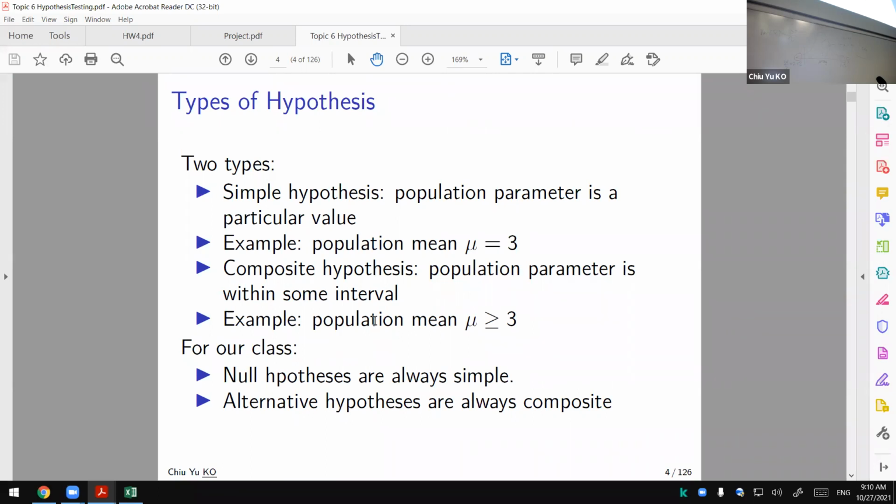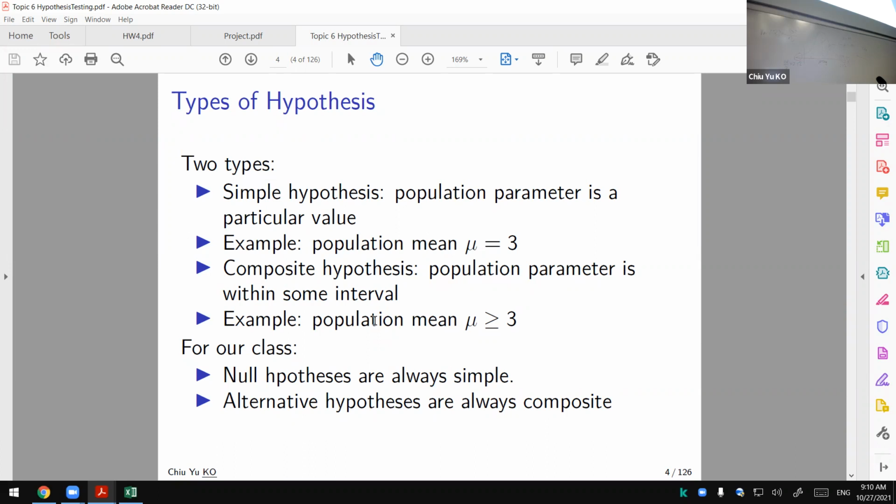Okay, so for our class, and basically all the elementary tests too, the null hypothesis is always simple. The reason is we can construct the distribution model easily. Only simple we can create easily.